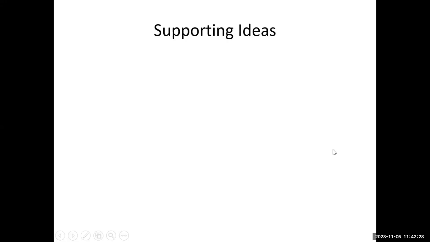Now, supporting idea questions, remember, you will get multiple questions from supporting idea. They are the easiest questions that will appear for you in your exam, and they are very, very scoring. Why?